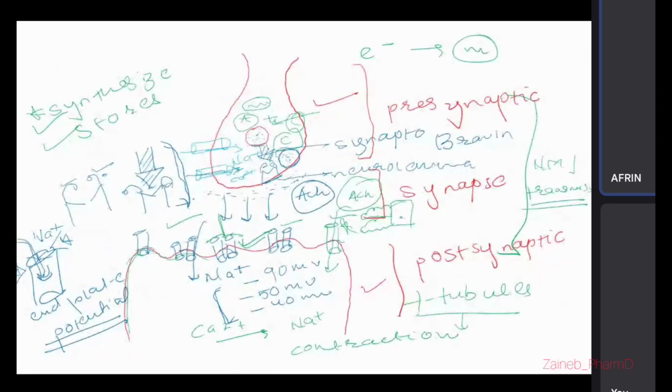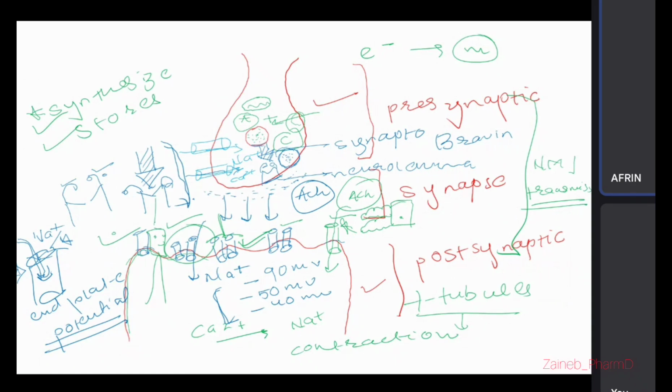Now, what is the major function? First we'll see where the MuSK protein is located. MuSK protein is also located in the postsynaptic membrane. One of the major functions of the MuSK protein is that it controls the density of the acetylcholine receptor in the postsynaptic membrane.